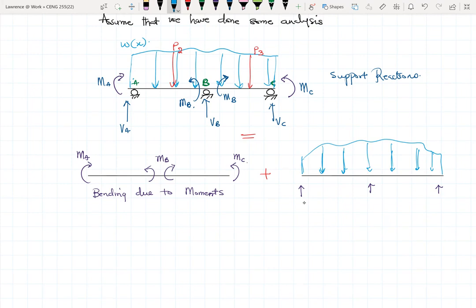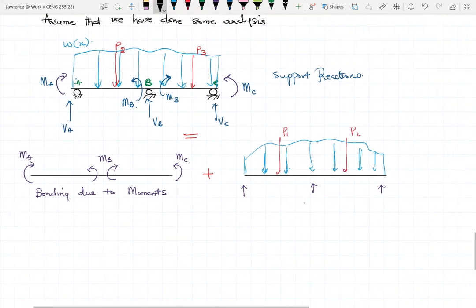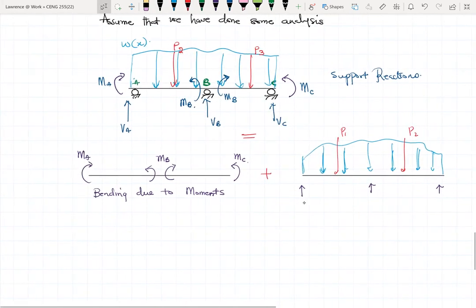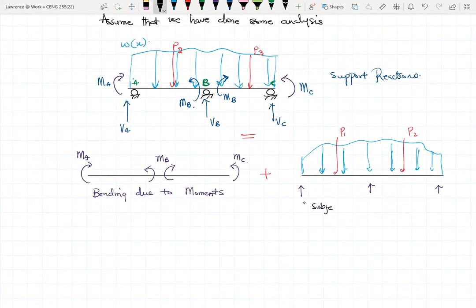Then we are looking at the bending action also coming from the loads and the supports, the vertical reactions. So basically just rewriting all that I have here from the beginning. Yeah, this is P1 and P2. So this is when this is subjected to external loads.